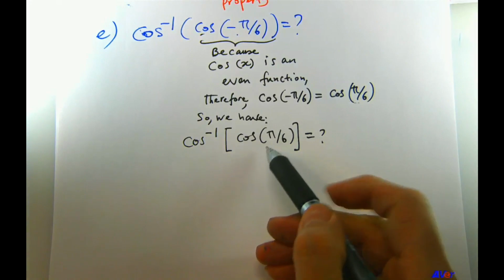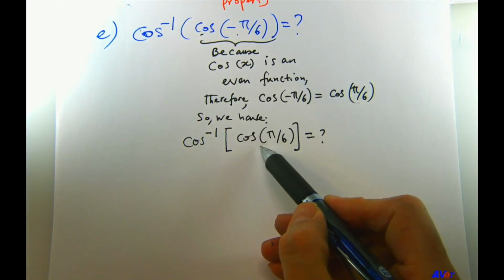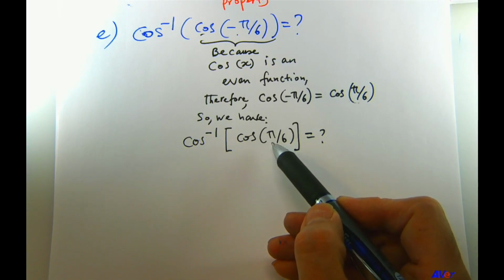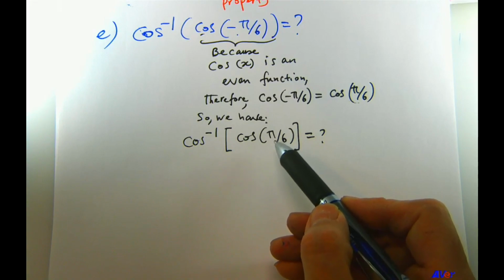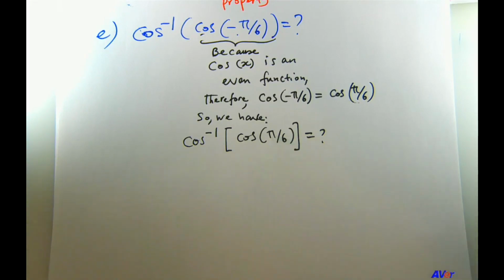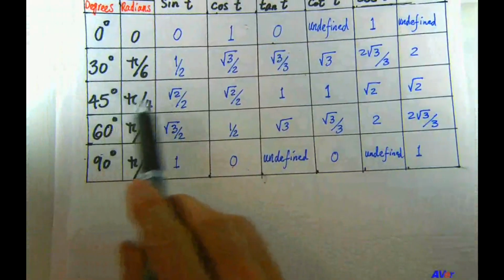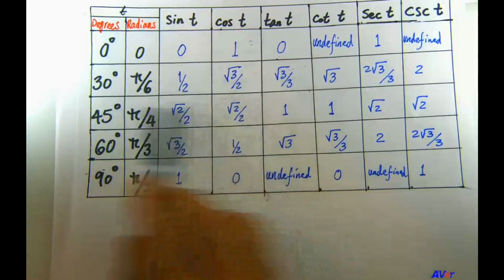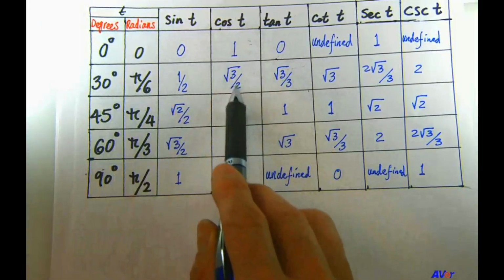This is easy because this is just saying cosine of 30 degrees. What is the cosine of 30 degrees? It's square root of 3 over 2, right? We know that from the special table of values. The 30 degrees has cosine of square root of 3 over 2.